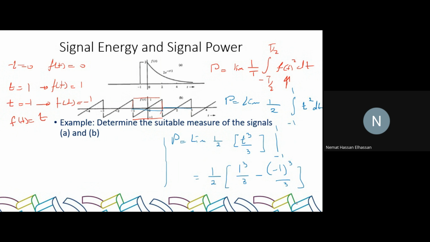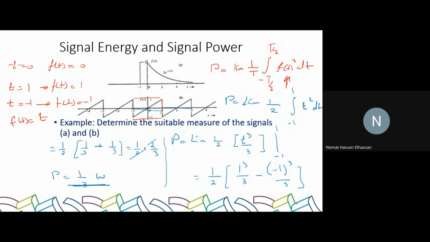So 1 cubed over 3 is 1 over 3. Minus negative 1 cubed, so minus minus becomes plus 1 over 3, which is equal to 1 over 2 times 2 over 3. The 2 and the 2 cancel each other out, and the power is equal to 1 over 3. What is the unit of power? Watts. So 1 over 3 watts.